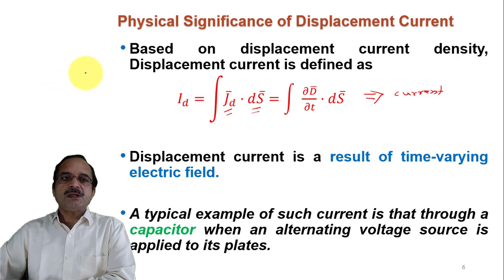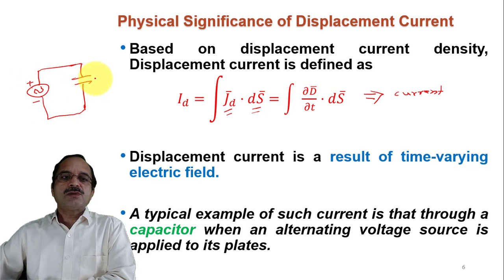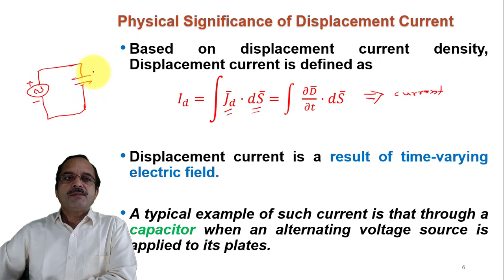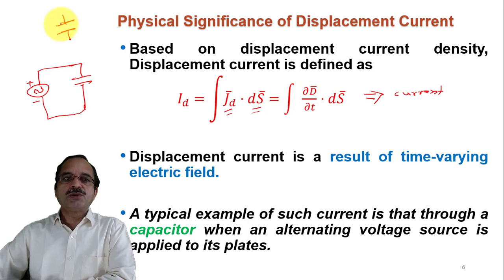We know some current flows through this capacitor, but a capacitor is actually a pair of conductors with a dielectric or insulator in between. But when we apply some voltage source to the capacitor, some charging current flows through it.